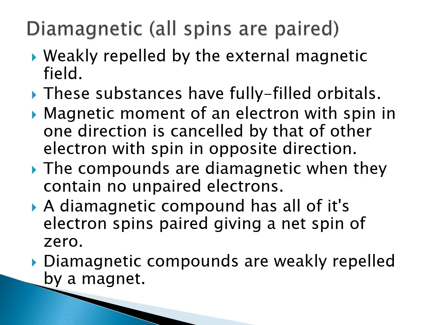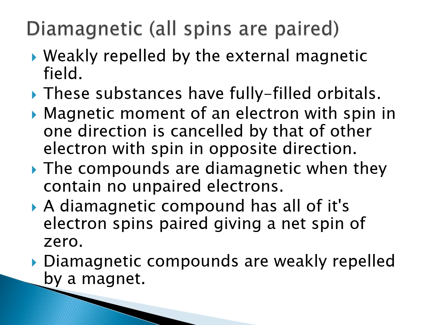Diamagnetic substances have all spins in pairs. Diamagnetic substances are weakly repelled by the applied magnetic field because these substances have fully filled orbitals. The magnetic moment of an electron with spin in one direction is cancelled by that of the other electron with spin in the opposite direction.